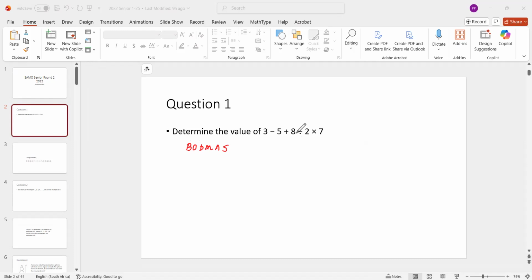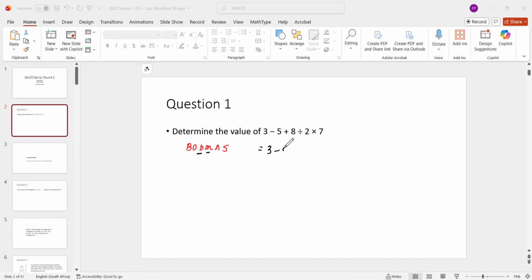The problem here is that if you divide first and then multiply, or if you multiply first and then divide, you will get two different answers. And the question is, which one should you choose? There is a general rule called BODMAS, which says that as a rule, division must precede multiplication.